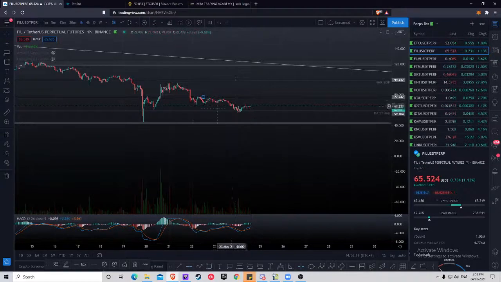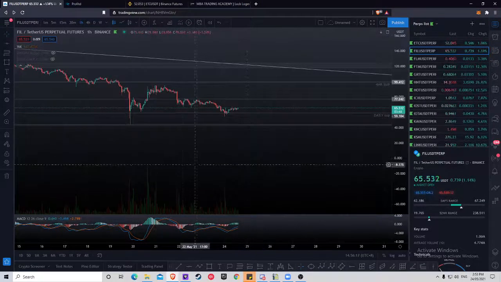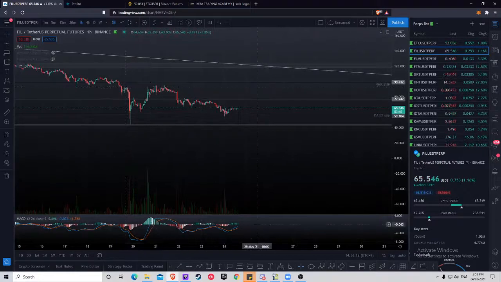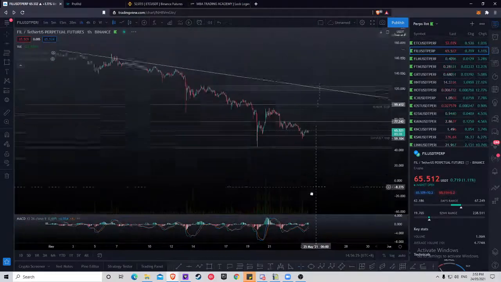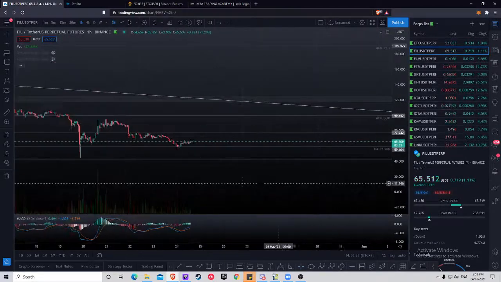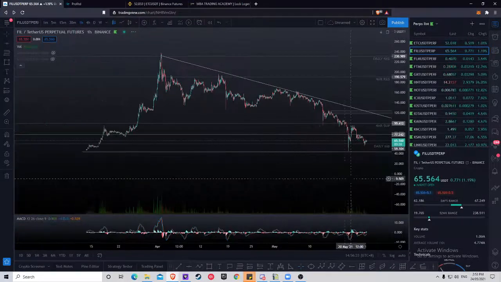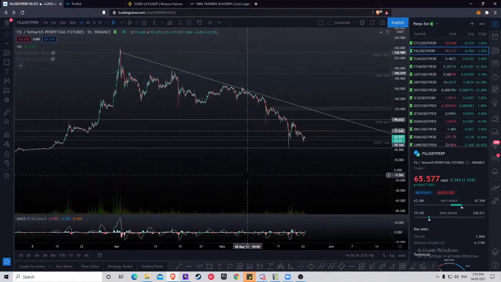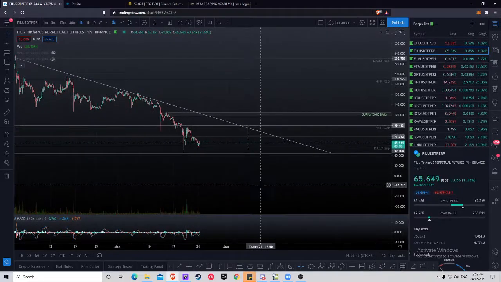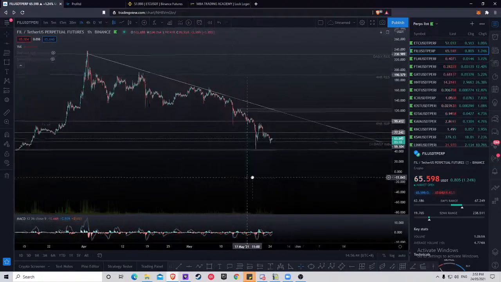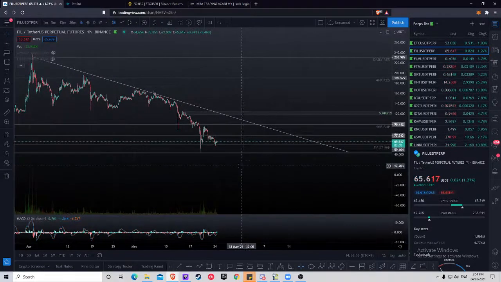Yeah, it could look like it's going to start to consolidate for a little bit for me, so I wouldn't really trade this one at the moment. Yeah, no trade for me on this one. I need more confirmation.